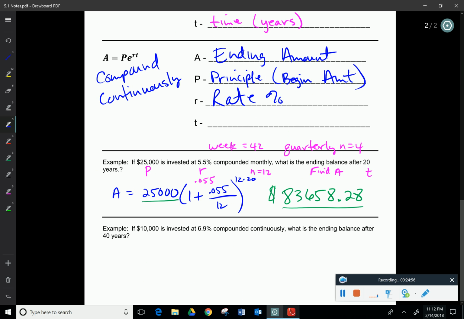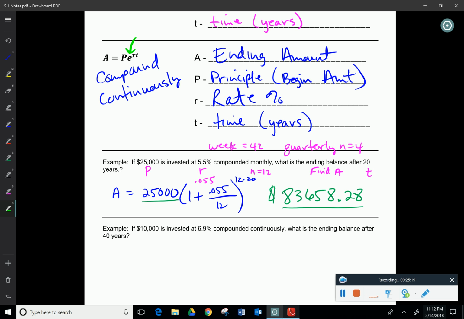T is still your time in years. Okay. And then make sure you notice the only other variable that's in this equation is an e, but it's not a variable, right? It's the number 2.718, but your calculator has an e key on it, so you don't need to type in 2.718.